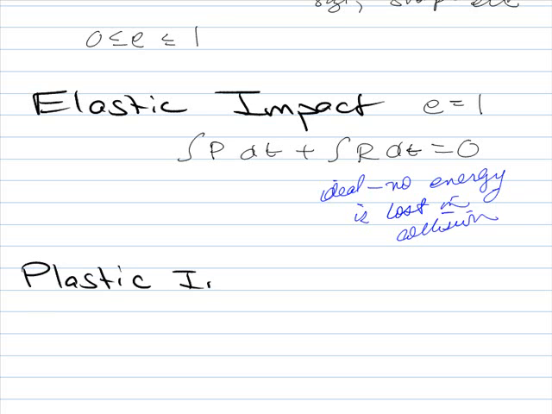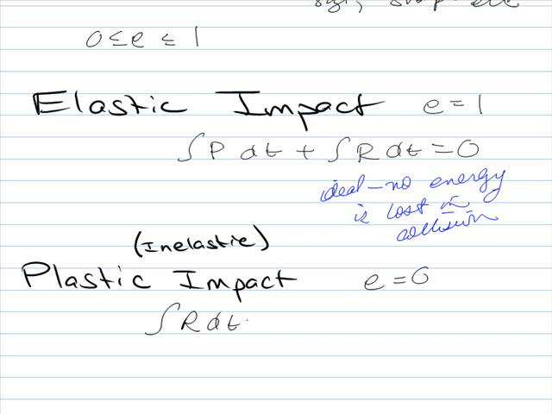Probably when you were in physics, you called it inelastic, and your book calls it inelastic as well. It primarily says plastic. And that's when E equals 0. So basically the idea is that there's no rebounding. So they stick together.